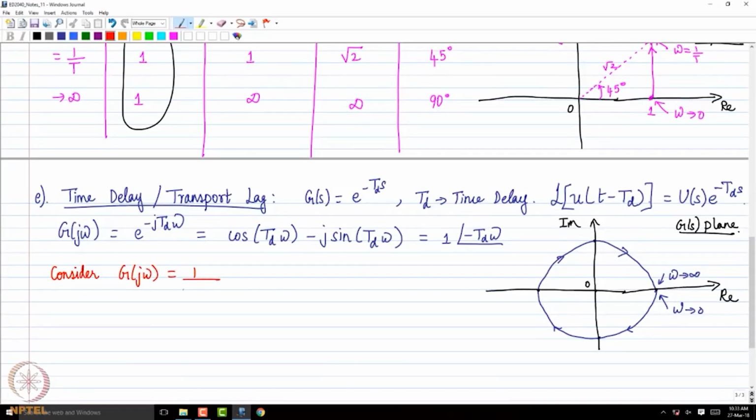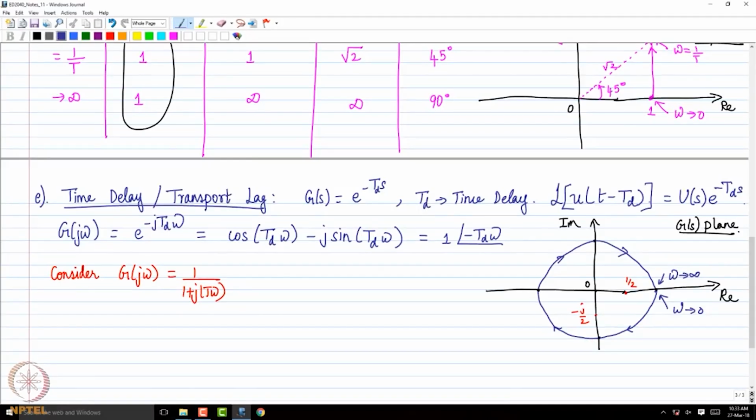1 divided by 1 plus j times t omega, which we have already drawn. What was that? That was a semicircle of radius 1 by 2, centered at 1 by 2. So this is 1 by 2, and this is j by 2, minus j by 2. Let me be careful, let me use the same color.